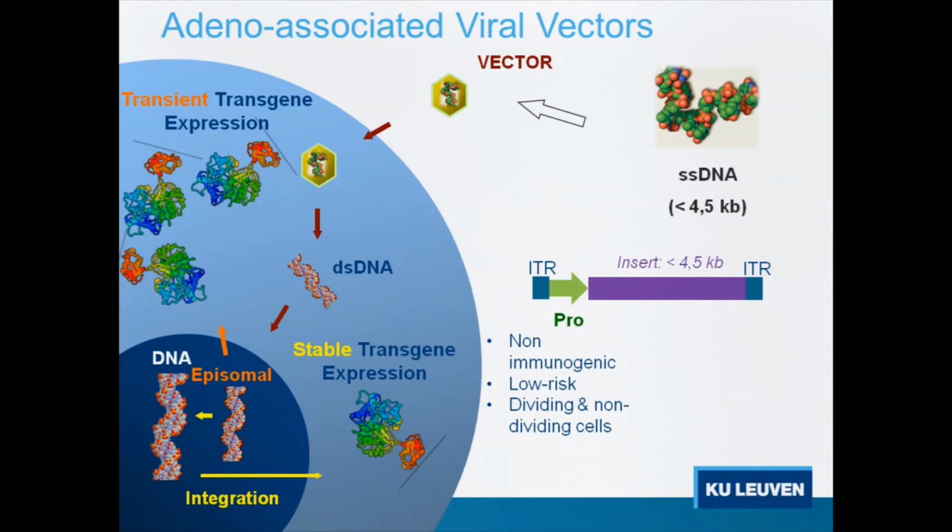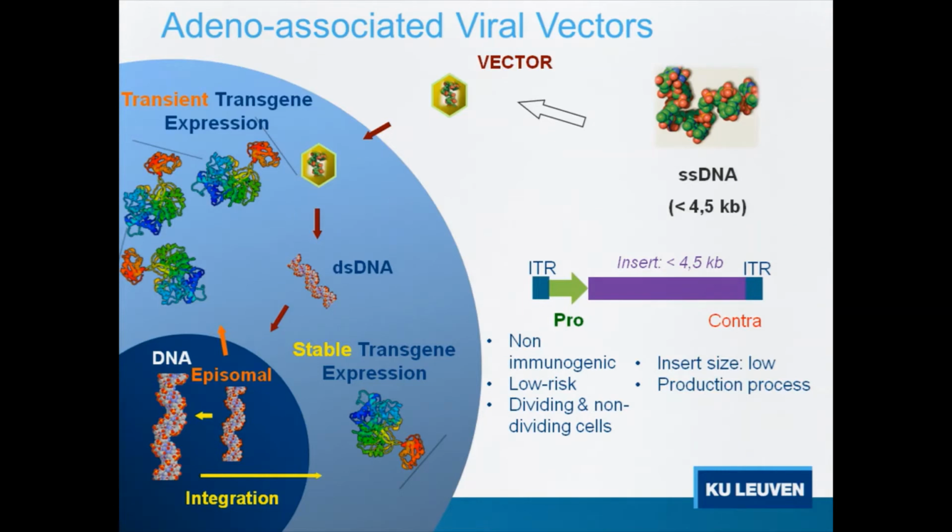The pros is that it's non-immunogenic. It's a low-risk type of viral vector because there's no human pathology associated with the adeno-associated viruses, and you can target both dividing and non-dividing cells.